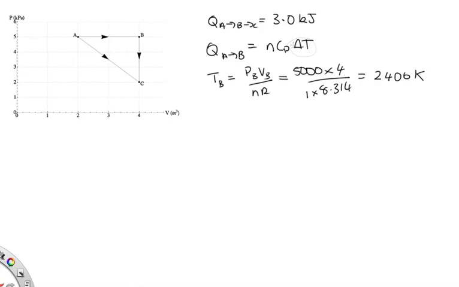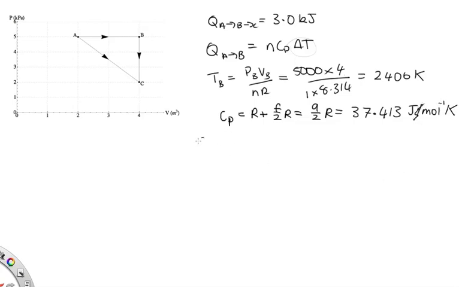And now we're told that this is a diatomic gas, so Cp, at high temperatures, is equal to R plus Cv, which is f over 2 R. So this is 7 over 2 plus 2 over 2, 9 over 2 R, which is equal to 37.413 joules per mole per Kelvin.